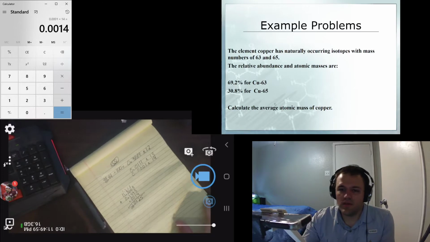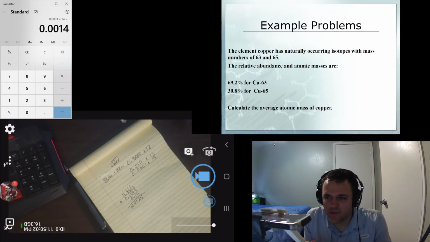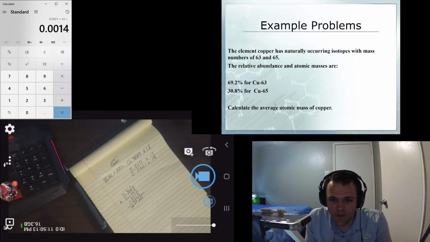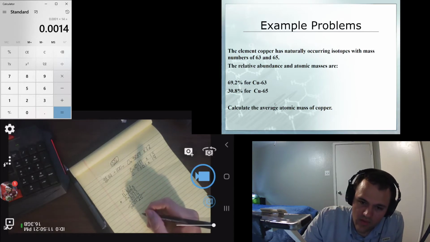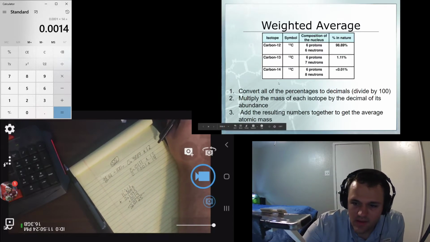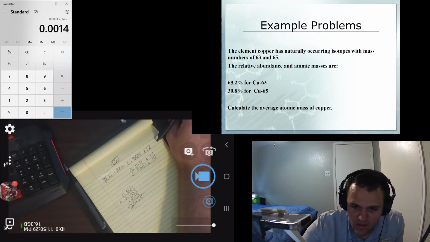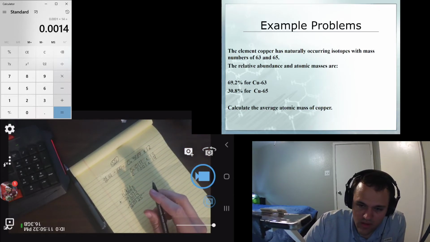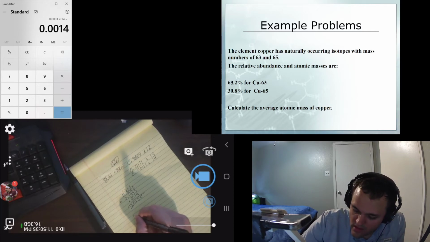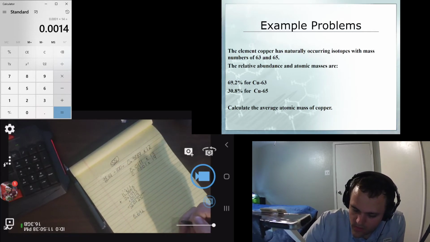This one says that the element copper has naturally occurring isotopes with mass numbers of 63 and 65. The relative abundances are 69.2% for copper 63 and 30.8% for copper 65. It wants us to find the average atomic mass of copper. First step is to convert the percentages to decimals. So 69.2, if we divide by 100, we get 0.692.